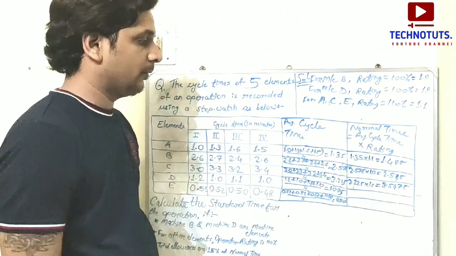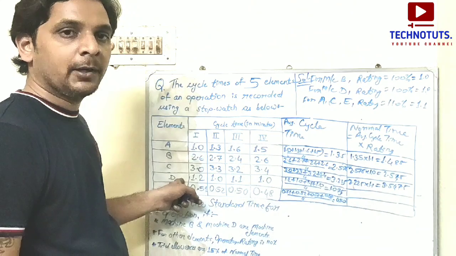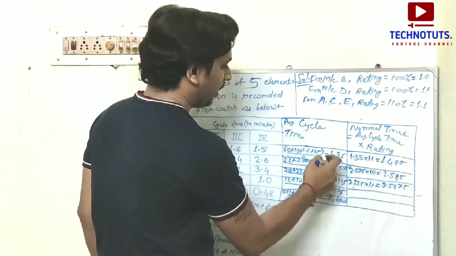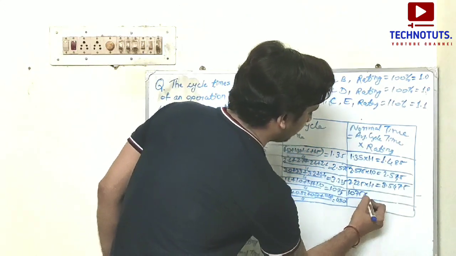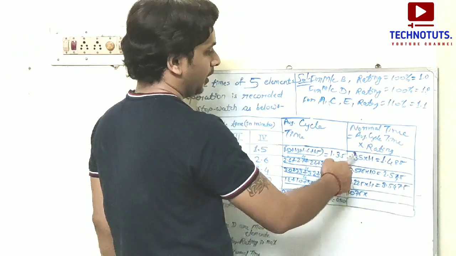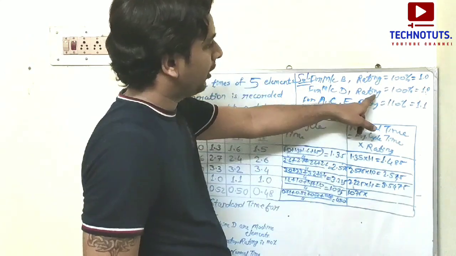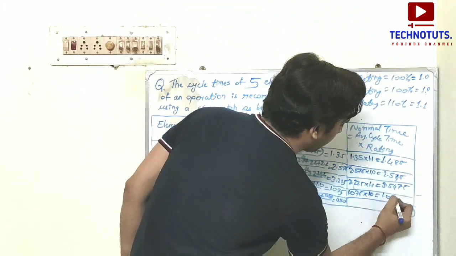Okay. Now in a similar way we will calculate the normal time for element number D also. So the average cycle time we have calculated is 1.075. So let us note down here 1.075 into the rating of element D, which is 1. It will be 1.075. Okay.